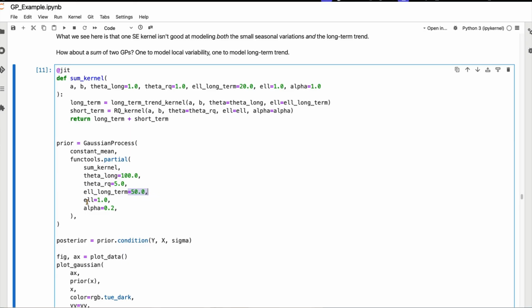This has unit years. This has also unit years. And alpha is a dimensionless constant because we are raising our kernel to that power. So I'm not setting these numbers at random because I know what they mean. But admittedly, these are set to awfully round values, right? 50, 100, not really trusting those.